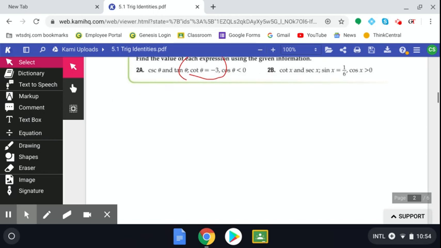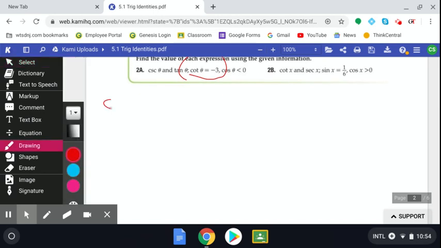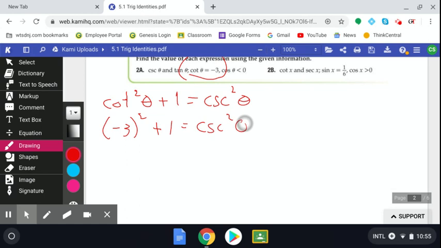Cotangent squared theta plus 1 equals cosecant squared theta. And now I just substitute in. Because it's negative 3 squared plus 1 equals cosecant squared theta.